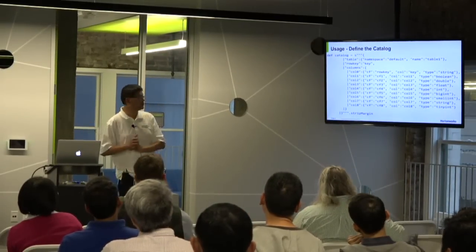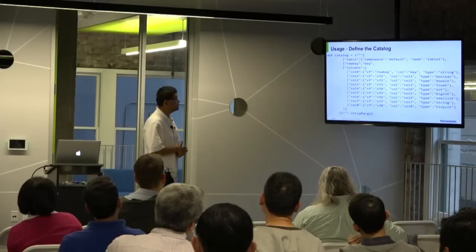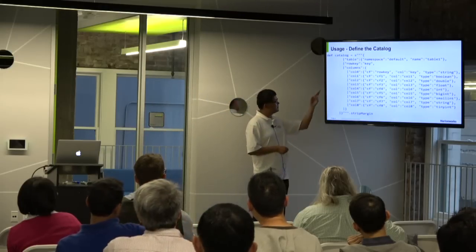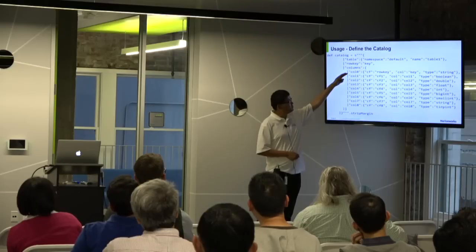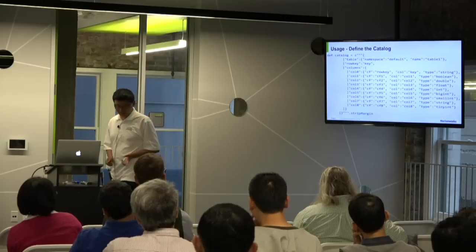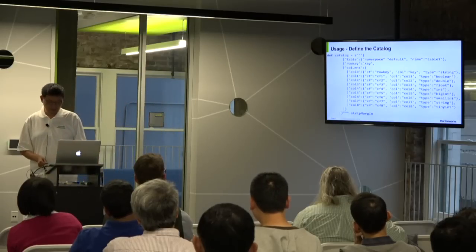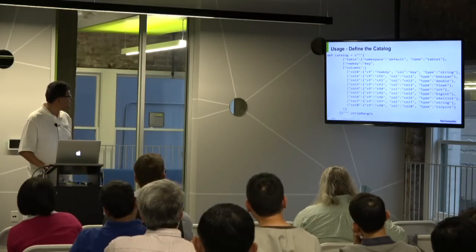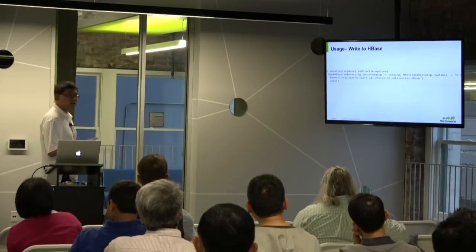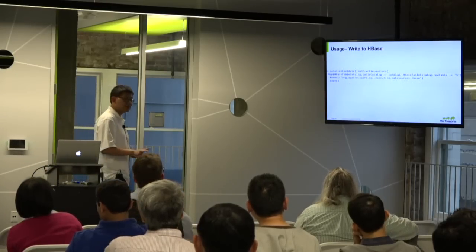You can check the repo to find how to use the Avro format. After the row key is reserved, it means this column is a part of the row key. For all the other columns, you specify the column family and the column qualifier. After you have that catalog, everything is easy and straightforward.